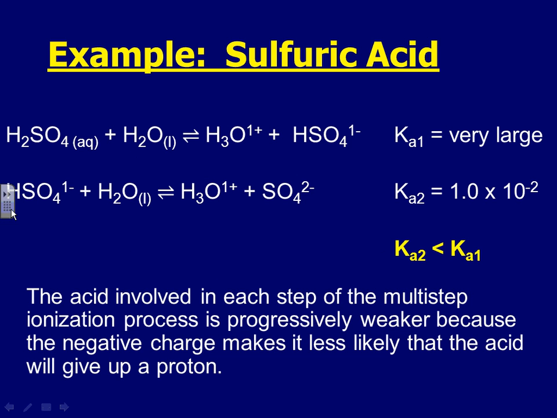I've got two examples here, and they really say the same thing. So I'm going to just talk about the first example, and then we'll actually do a calculation with the second example. So if you have your Ka sheet nearby, and we're going to be needing it today, you might as well get it nearby, and being that it's so convenient, you can look at whichever side you would like.